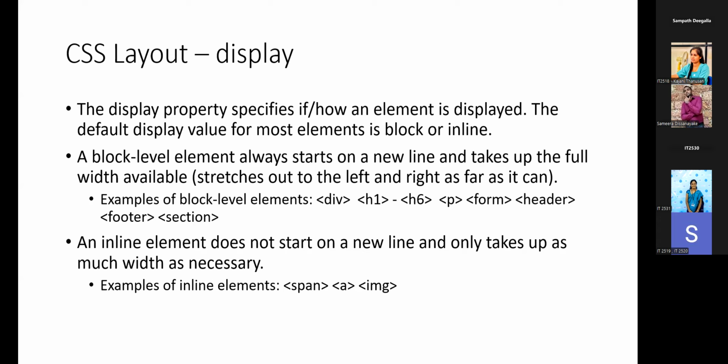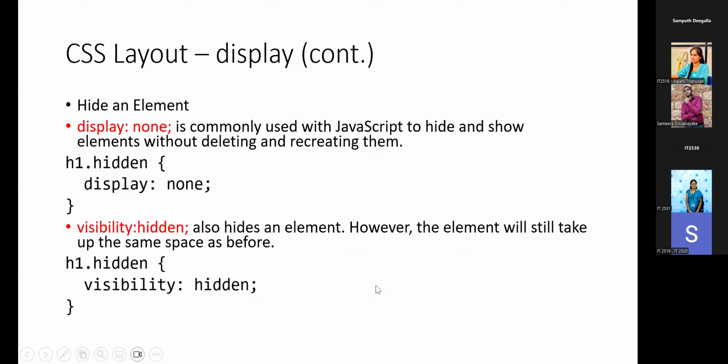There are many block level elements: div, h1 to h6, paragraph, form, header, footer, section. Those are some of the tags that you can use. They are known as block level elements. Similarly, if you take span, anchor, image, all these are considered inline elements.